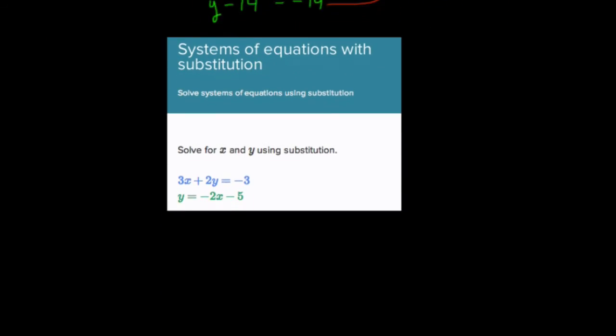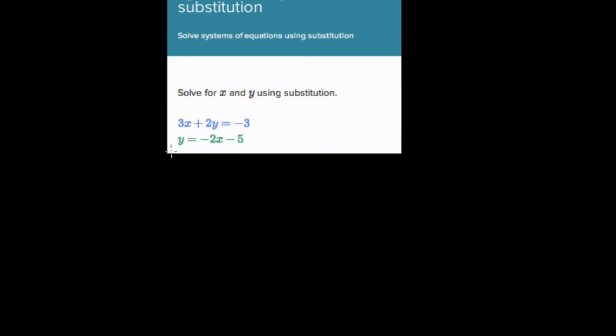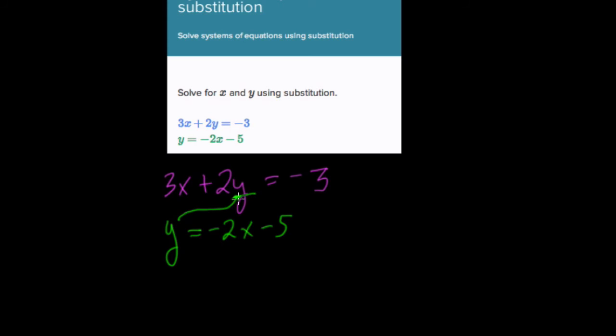Let's try another one. So here we can substitute y into the first equation to solve for both variables. So just really quickly, we have 3x plus 2y equals negative 3. And we know that y equals negative 2x minus 5. So here we can plug that y into the first equation.